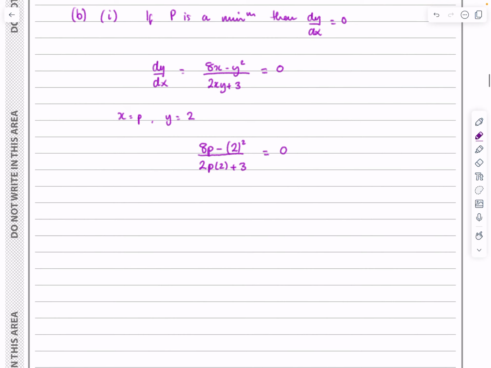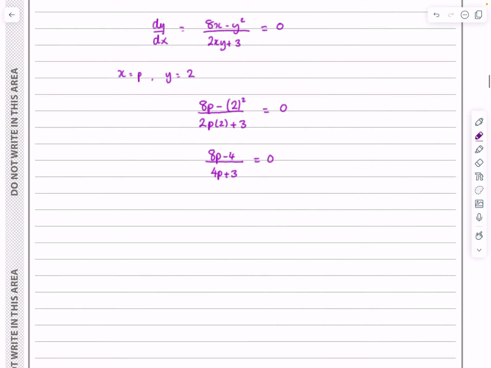So in other words, 8p minus 4 as the numerator over 4p plus 3. It doesn't matter what the denominator is; if that's equal to 0, then it has to be that 8p minus 4 equals 0, which means that p is going to work out to be equal to a half. So we've managed to find that. We now know that p is equal to a half.